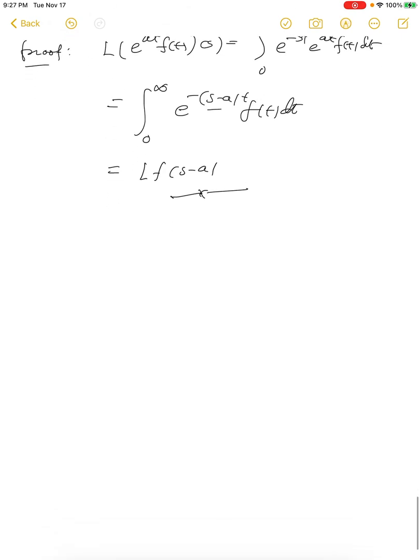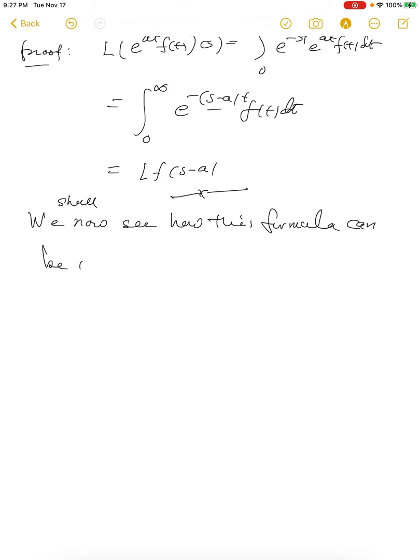So how do we apply this? We shall now see how this formula can be used to find inverse transforms.